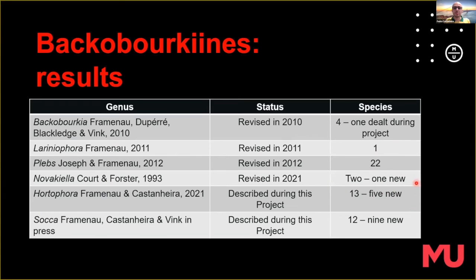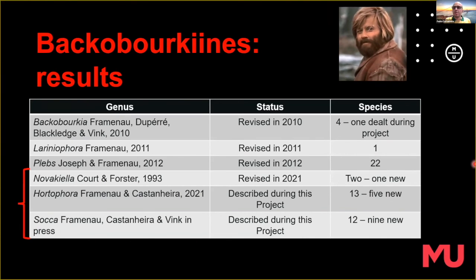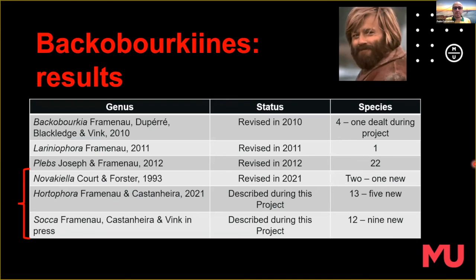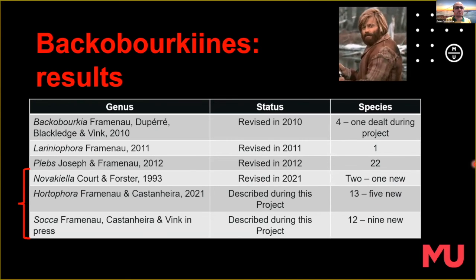Additionally, we have another 2 for Novaranea, 13, including 5 new, for Tofra, and 9 new for Socca. This one is currently accepted, so we're only expecting it to be published very soon. So that's it, these 3 during this year.